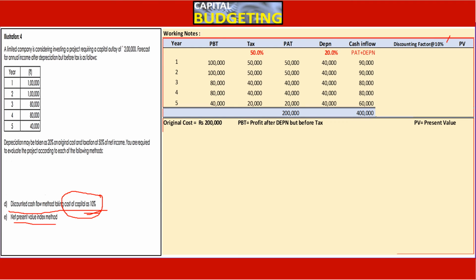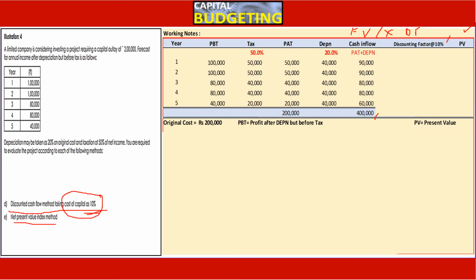We have already worked up to this in our previous illustrations: PBT, tax, PAT, add depreciation, derive cash flow. Now what you need to do, cash flow is nothing but FV. We are supposed to derive the present value. What is present value? Future value into discount factor.